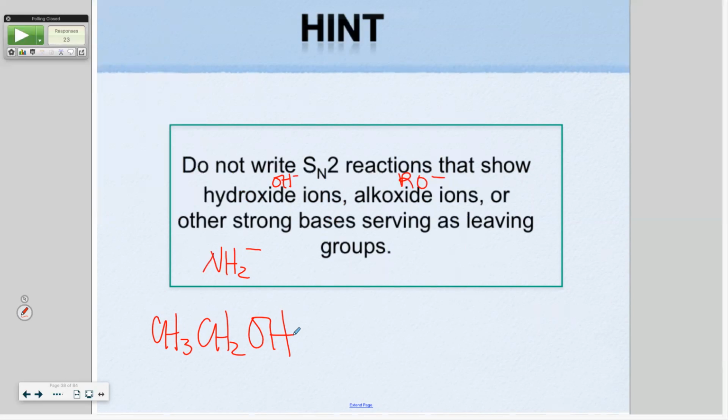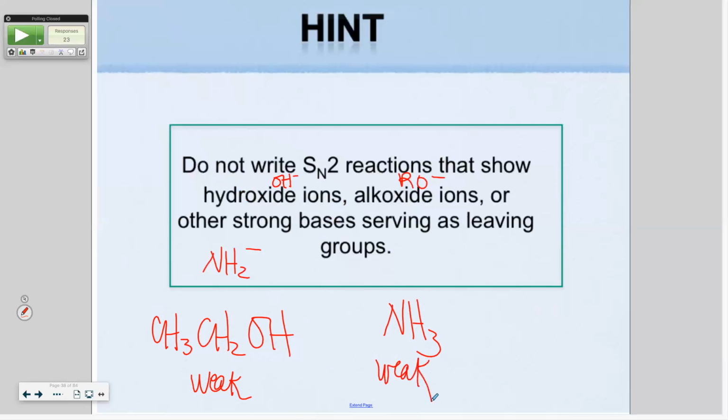What do you think? Weak. It's weak. How do you know it's weak? Number one, it doesn't have a negative charge. Okay, that's number one. If I write NH3, is that a strong base or a weak base? Weak.